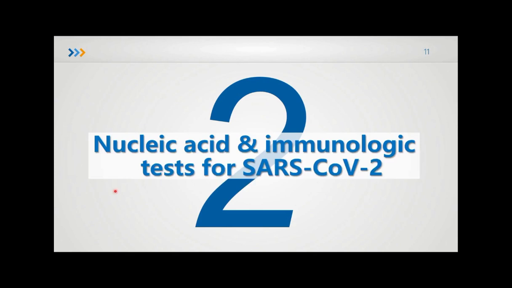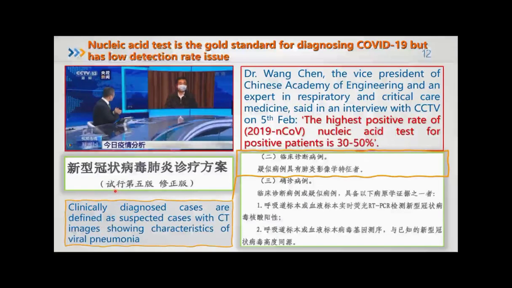Since it is hard to identify suspected patients on their first visit to clinic because the initial symptoms of COVID-19 are similar to flu or the common cold, and also because of the high transmission rate of the disease, quick and reliable methods such as nucleic acid tests and immunologic tests are widely used in clinical laboratories for screening out those people infected.